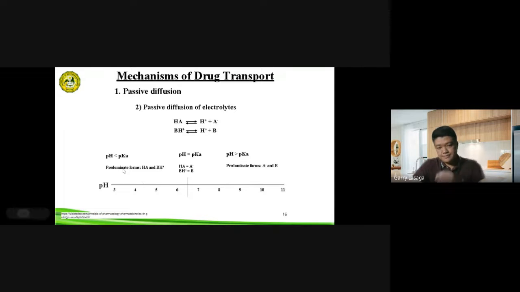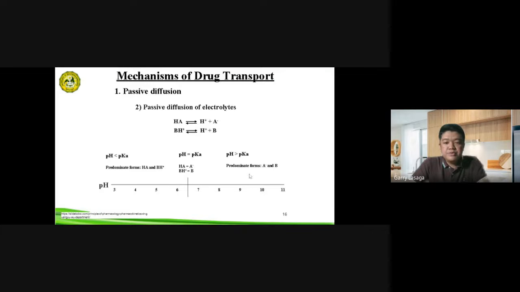So for example, when we are going to place an acidic drug in an acidic environment, so this is the pH of the environment: pH 3, 4, 5, 6, 6.5, 7, 8, 9, 10, 11. So those are the pH of the environment. When we are going to place an acidic drug in an acidic environment, the proportion of the non-ionized form of the drug will predominate so that the drug will be absorbed.